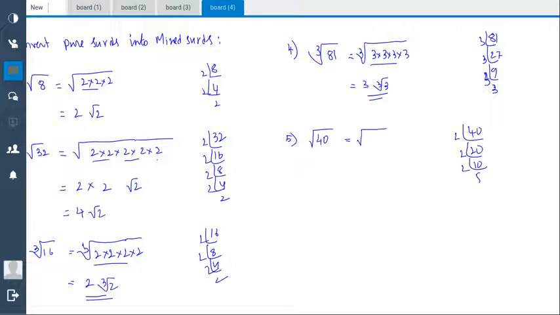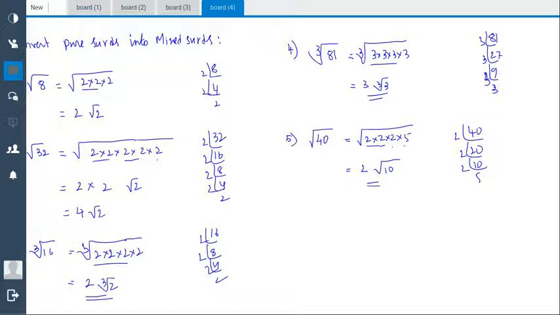So then how much will it become? 2 into 2 into 2 into 5. It is square root now. Only two numbers, one number will come out. How much? 2 into 5? 10. Okay.